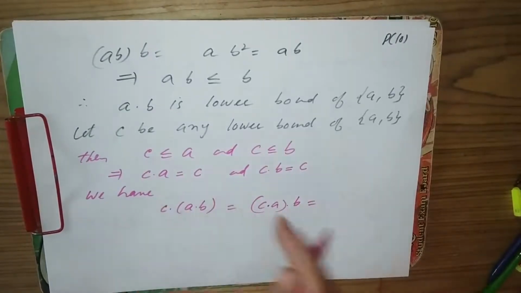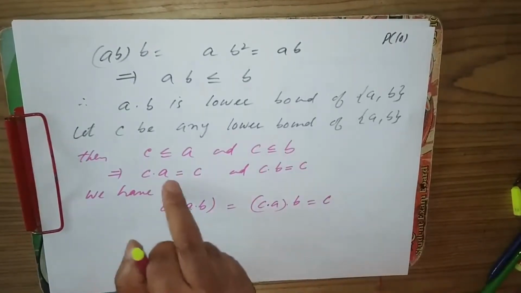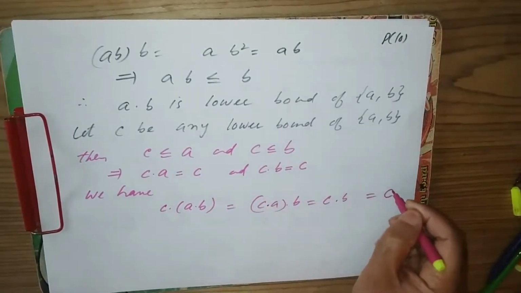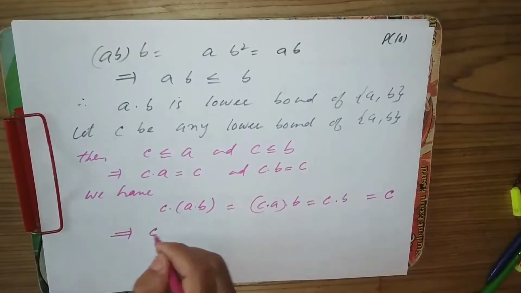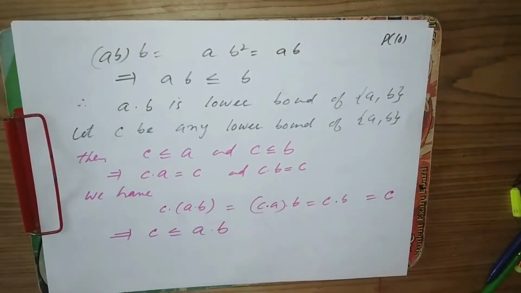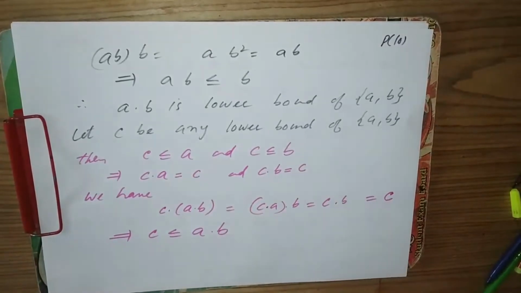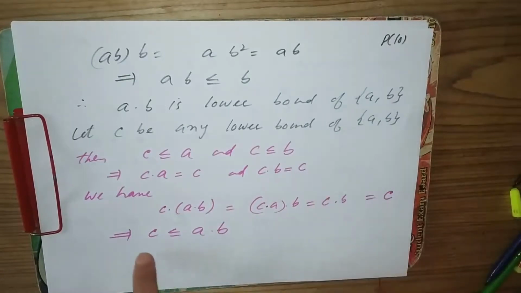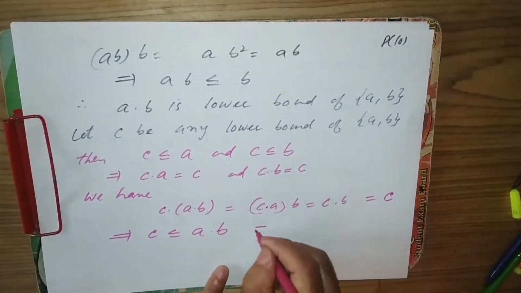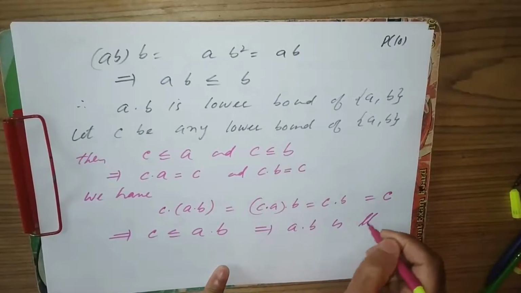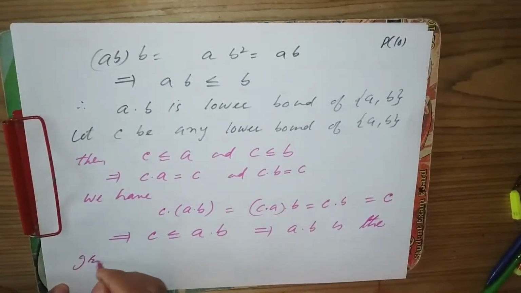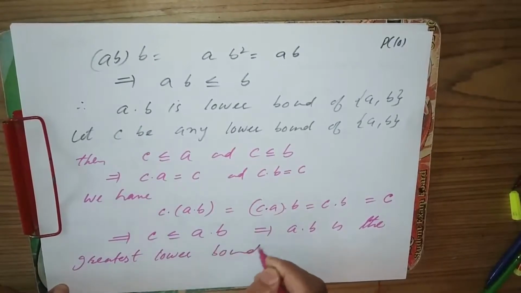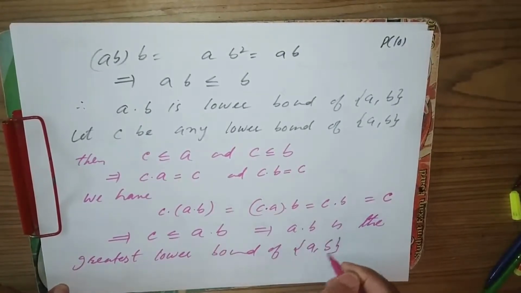C dot A is equal to C, and C dot B is equal to C. So that means C is less or equal to AB. So we have shown that AB is a lower bound of A and B, and for any lower bound C, C is less or equal to AB. So A dot B is the greatest lower bound of A and B.